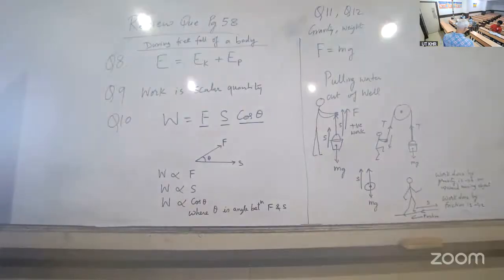The derivation of kinetic energy we have already done during the theory. Has anyone missed that class? Derivation of kinetic energy: E kinetic equal to half mv square.